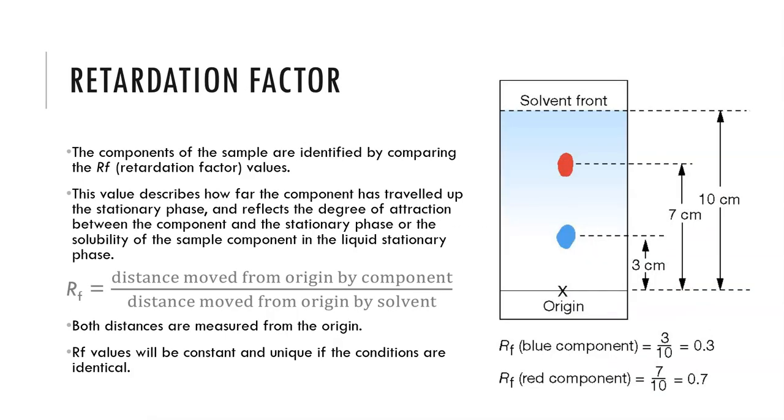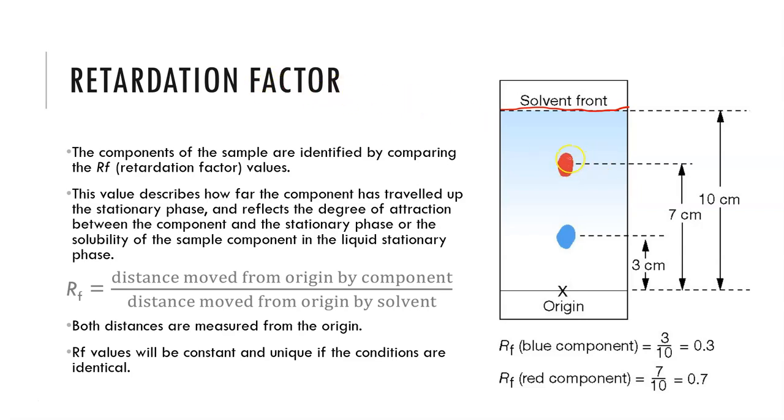The next thing that we need to do once we have resolved the chromatogram is remove the paper from the solvent and draw a line where the solvent got up to. This is the solvent front. This is the furthest point that the solvent got to, so this is the most mobile of that component.